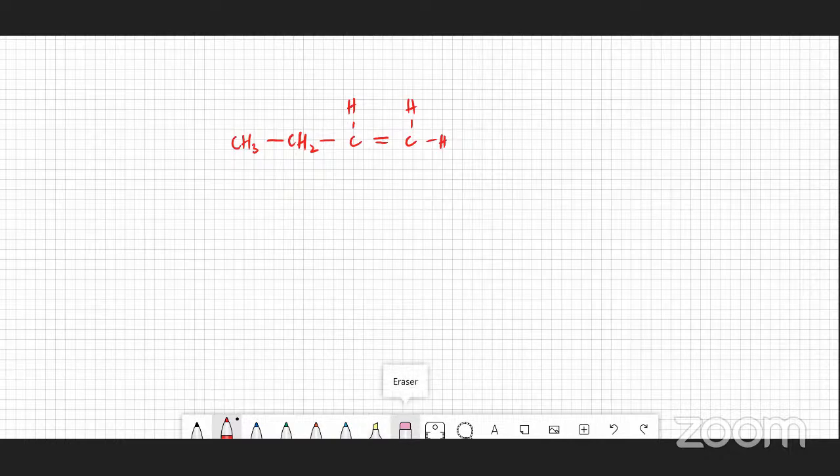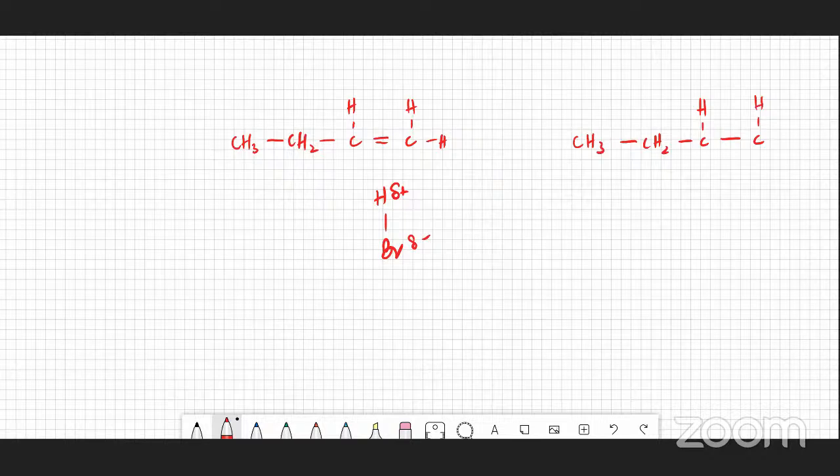Hopefully you know what the mechanism is: the H would get attracted to the pi electron cloud over here, and the electrons over here are going to get repelled. Now the H could decide to bond with the carbon on the right, and this other one would become a carbocation.